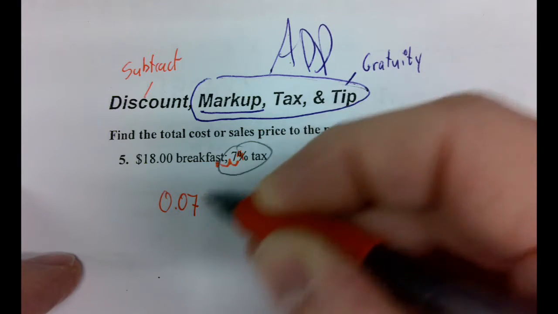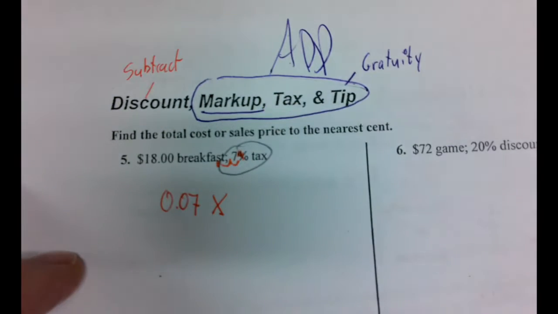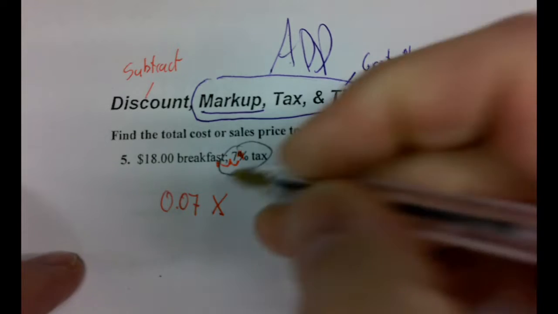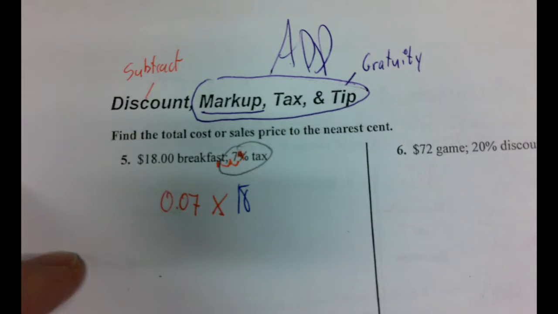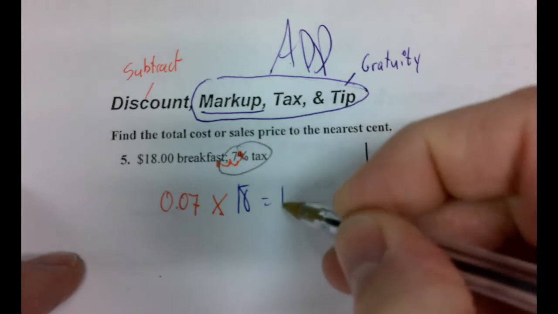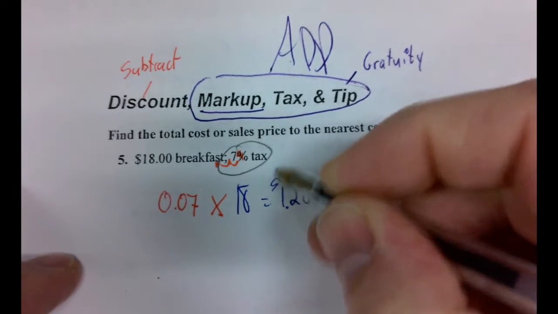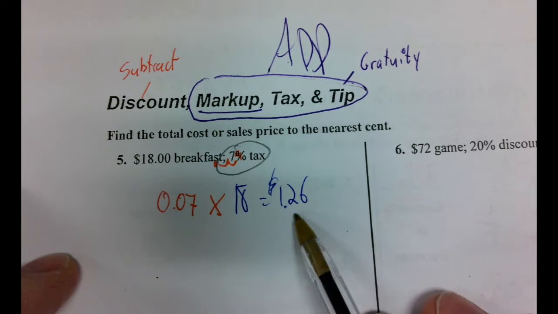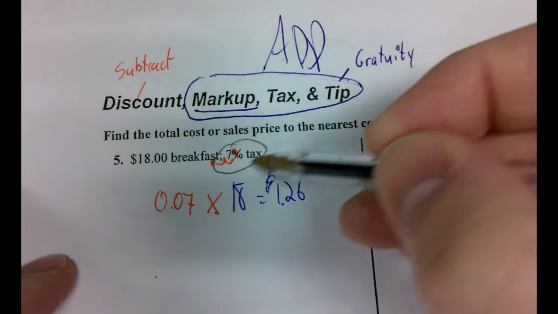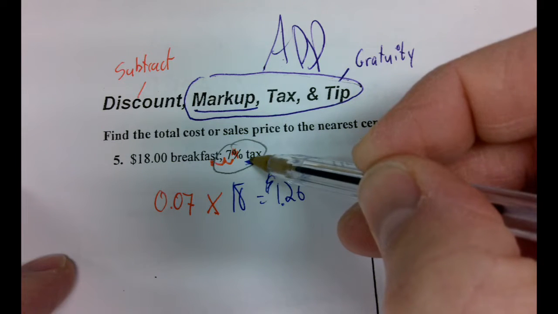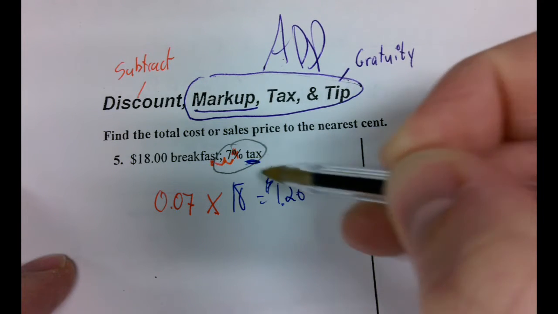Grab a calculator. If need be, round to the nearest penny, round to the nearest hundredth. And please note, that is not your final answer. $1.26 is not. That's how much tax we have. Now, this $1.26, do we add it to the 18 or subtract it from the 18? Remember, tax is just like a markup.